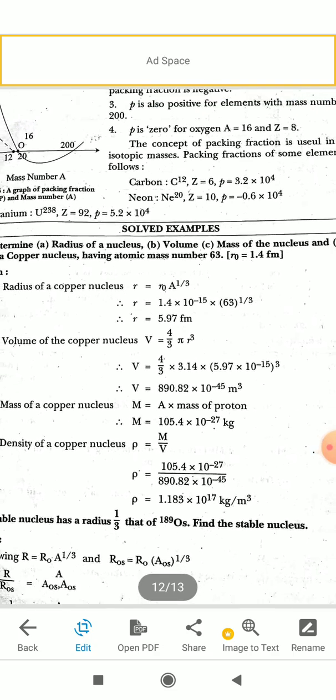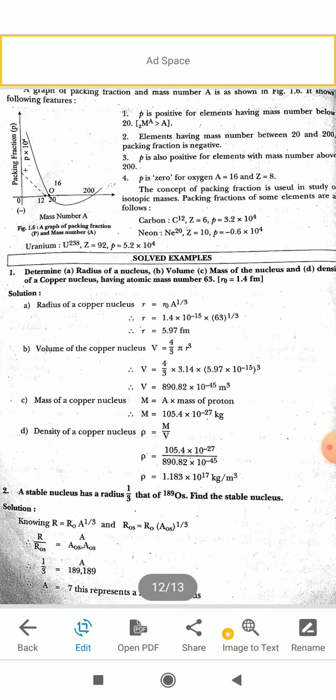As we know, we have the formula radius R equals R naught times the cube root of the mass number, that is A to the power 1 by 3. So A to the power 1 by 3 means it is a cube root. The copper nucleus has mass number, protons and neutrons, of 63.